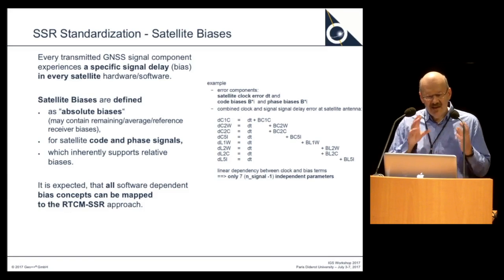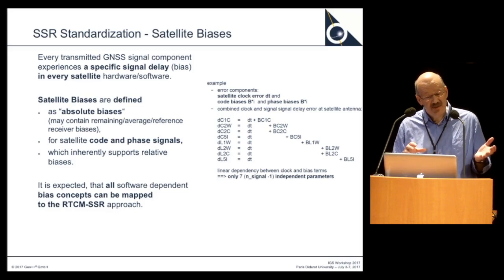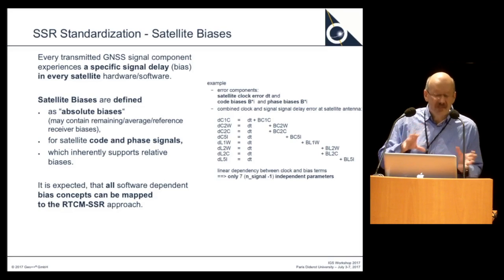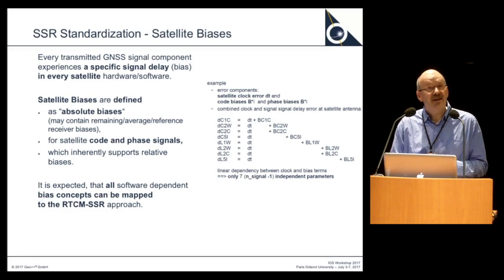So basically, absolute biases for code and phase signals. And this also supports relative concepts of biases. It is expected, and has also been demonstrated, that all existing other bias concepts, software-dependent bias concepts, can be mapped to this approach. Up to now, this has been tested and demonstrated already.